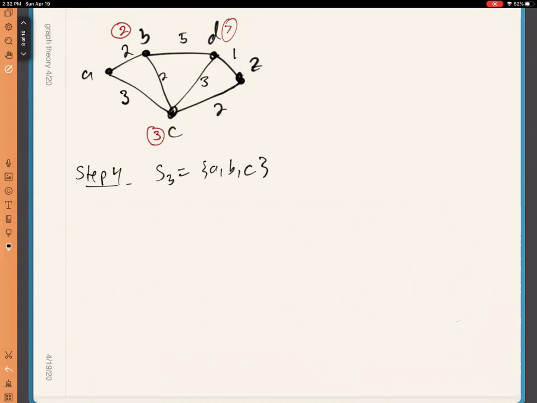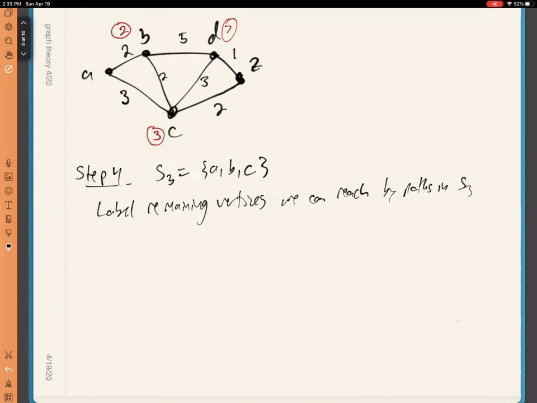And so now I want to label the remaining vertices that I can reach by paths in S3. Just by glancing, what vertices can I reach that are not in S3, via a path through S3?